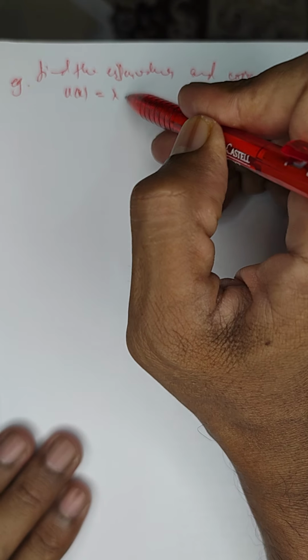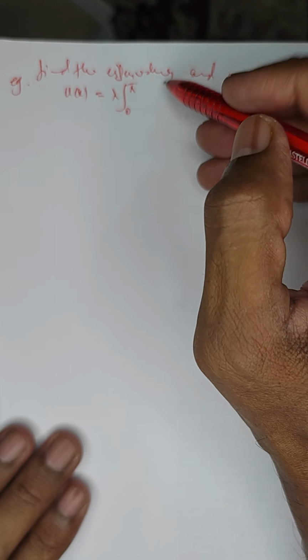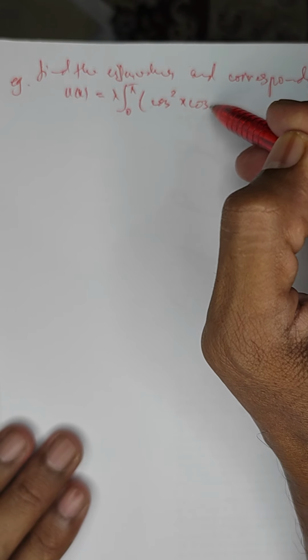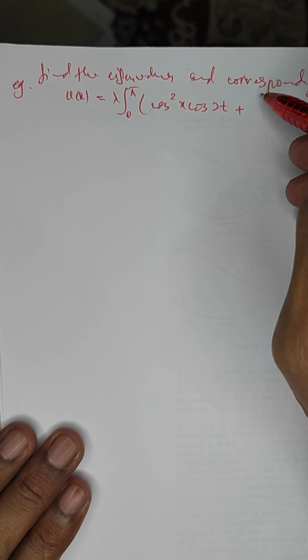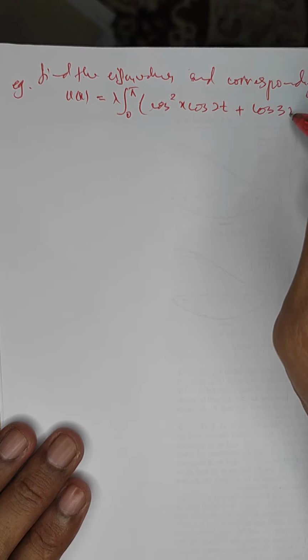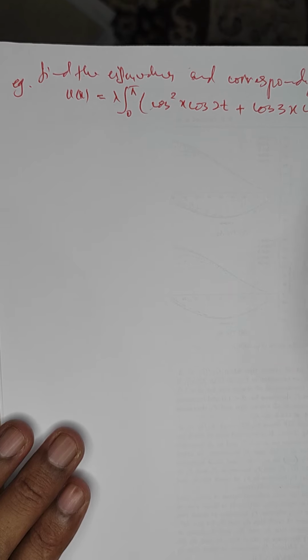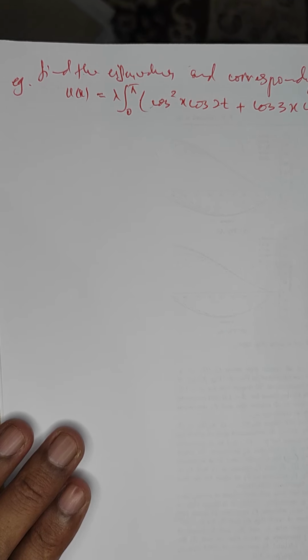for ux is equal to lambda integrate 0 to pi cos squared x cos 2t plus cos 3x cos 3t ut dt.